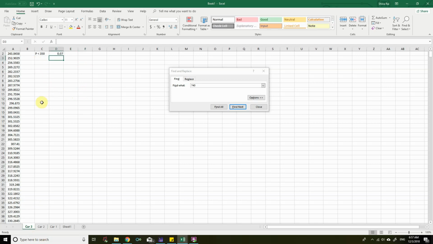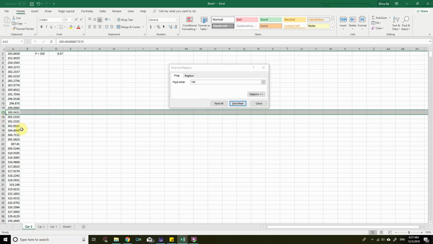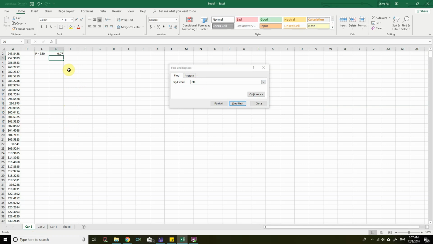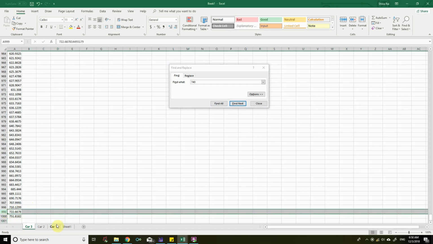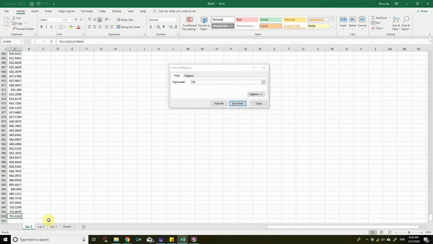Now for car 3 also, let's find this one. From 15 up to, Control F, 740, and you can see this is 999. Only one value is greater than 740, so 999.